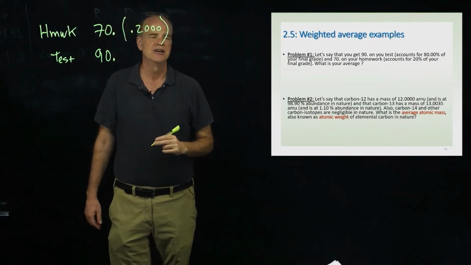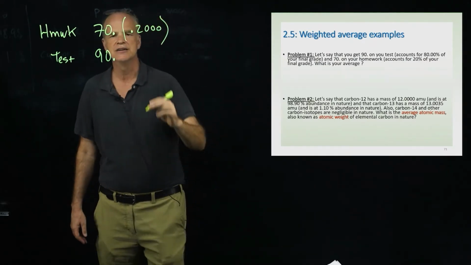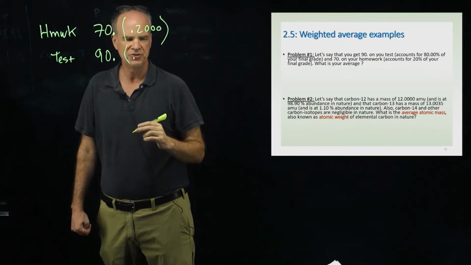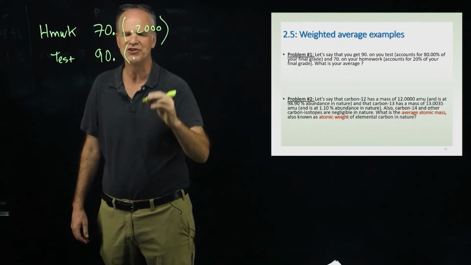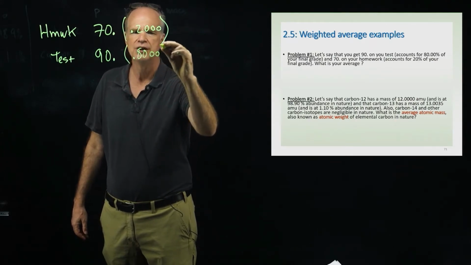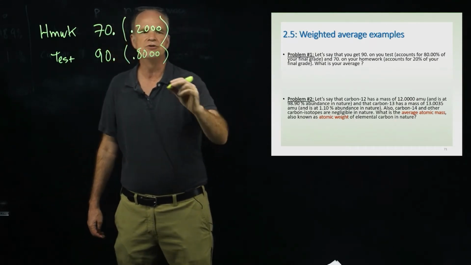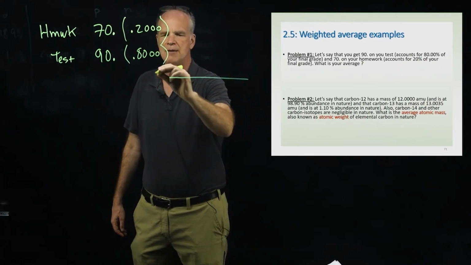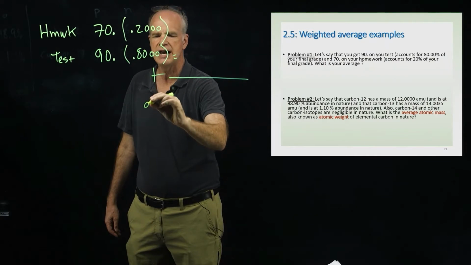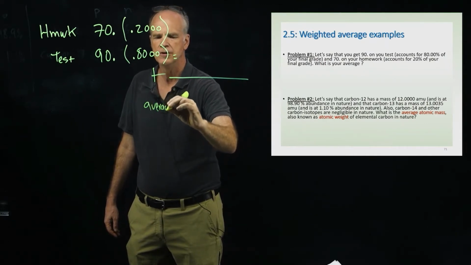For the test, the score is 90, and again you multiply that by the decimal form of the percentage. 80% is going to be 0.8000. Then you add these up, and that should give you the average for the class.